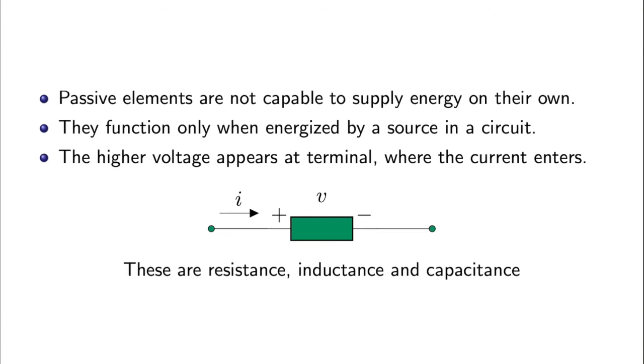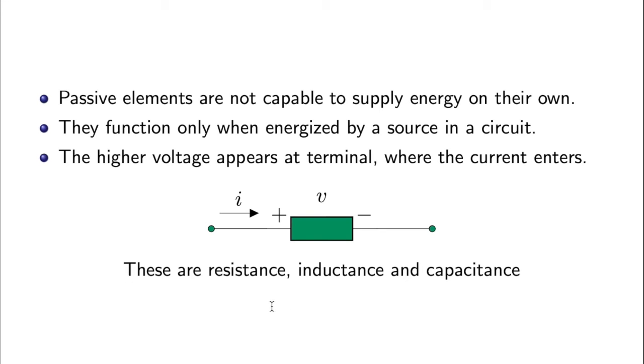Next we will be discussing the passive circuit elements. It is clear from the beginning that passive elements are not capable of supplying energy on their own. However, they have an important role to play in the circuit. Their functionality comes into existence when the circuit has an active source.